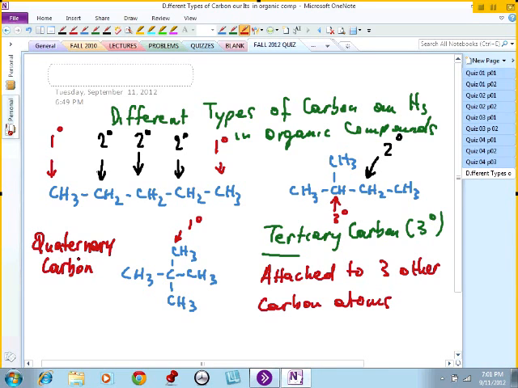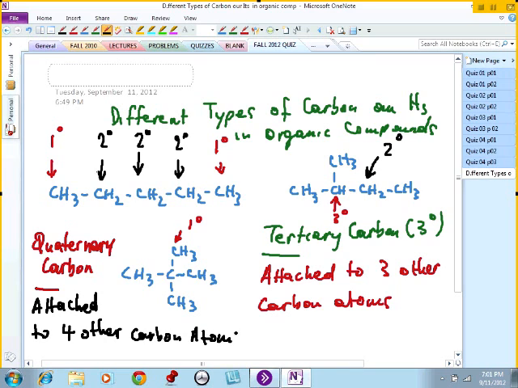Now, for the quaternary carbon, that carbon is attached to four other carbon atoms. Okay, so where would be the quaternary carbon in all of these structures here?